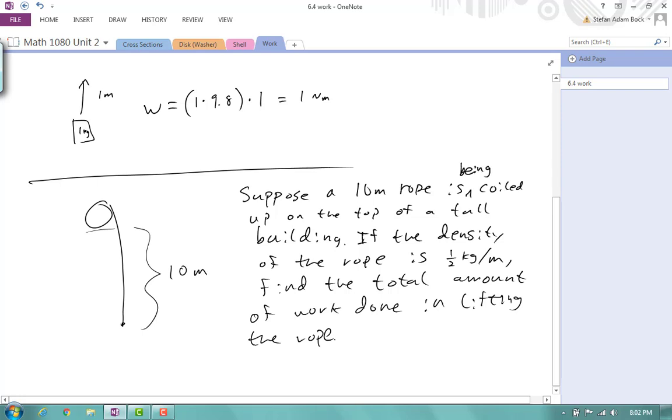So we'll suppose that a 10-meter rope is currently hanging off the side of a tall building, and it's being coiled up on the top of this tall building. Now, if the length density of the rope is 1/2 of a kilogram per meter, we want to find the total amount of work done in lifting and coiling the rope completely on top of the building.